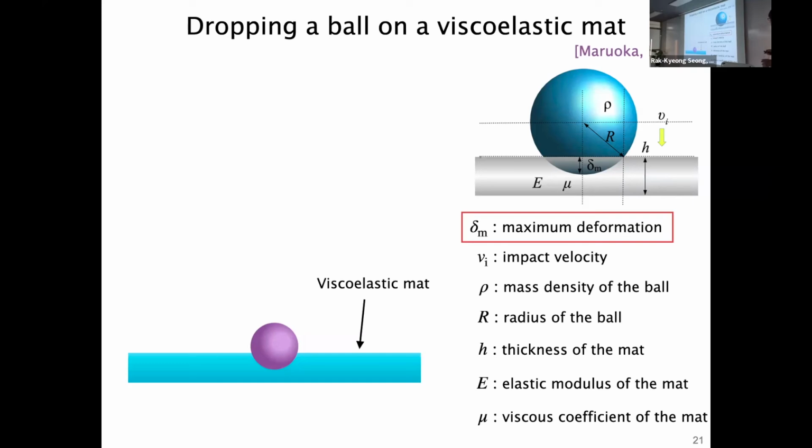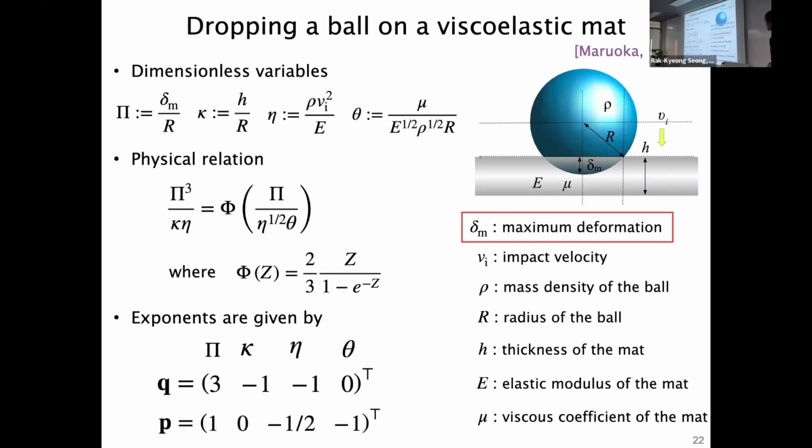And the set of physical parameters are given by these. So there are 7 physical parameters. And out of those 7 parameters, we can make 4 dimensionless variables like this. And if we assume a certain physical model, we can show that these dimensionless variables are going to satisfy this relation.